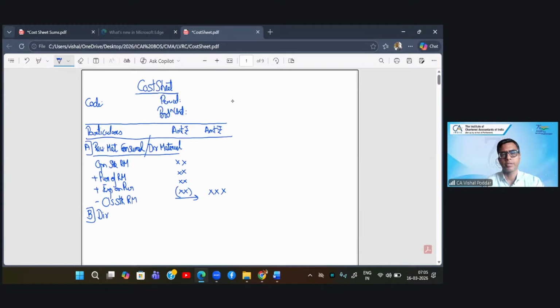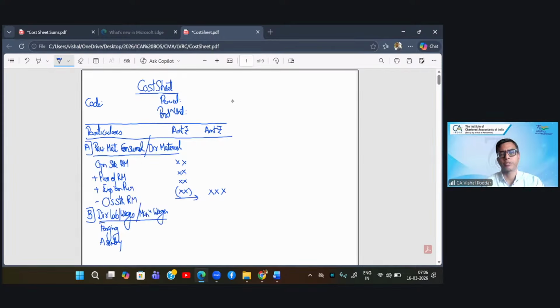Along similar lines, you have direct labor, or direct wages, or manufacturing wages. These are the parallel names. Again, either the figure would be given ready-made or you would be given the different types of labor functions, say forging, assembly.